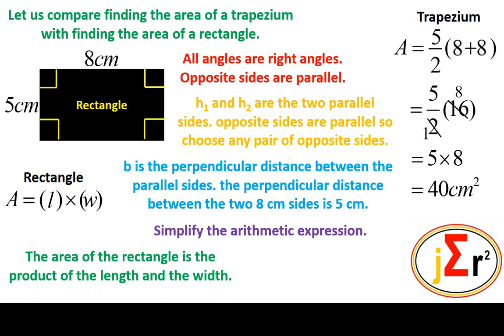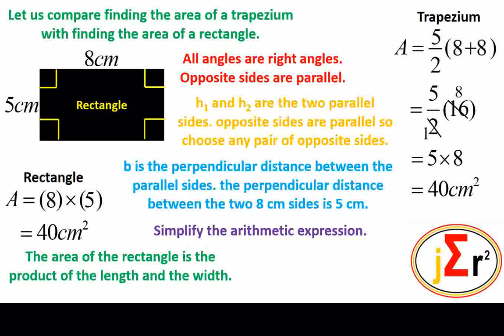The area of the rectangle is the product of the length and the width. So let us include the length and the width. The area is therefore 8 times 5, and 8 times 5 of course is equal to 40. So we have there also 40 square centimeters, or we may say centimeters squared.